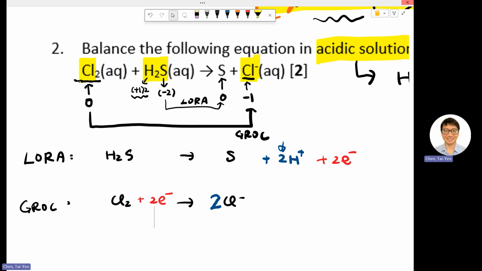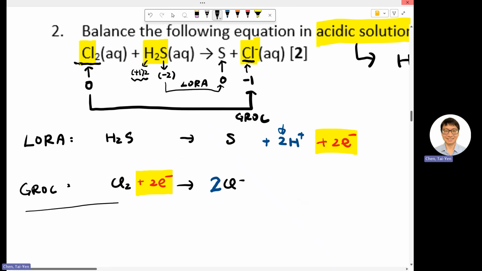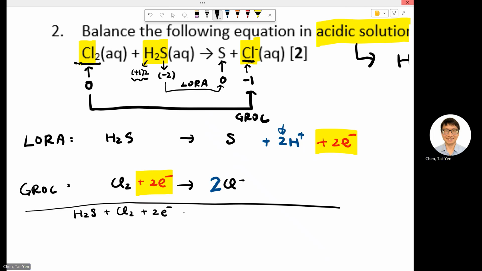Okay, so we want to check whether the electron that's given out from your LoRa is the same as the electron that's uptaken by your G rock. Okay, so in this specific case, they are exactly the same. So the other thing you need to do is you're just adding up. Therefore, on the reactant side, you have H2S plus Cl2 plus 2 electrons. On the right-hand side, you have S plus 2H plus 2 electrons plus 2 Cl minus.